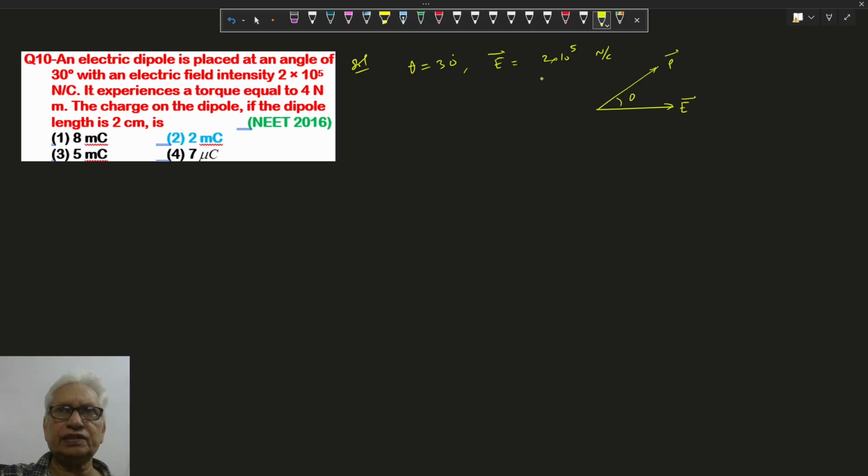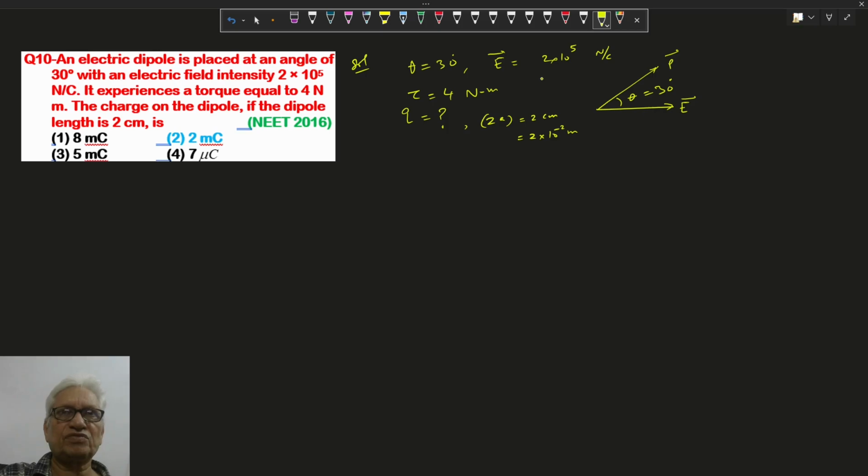The angle between them is 30 degrees. Now the torque is 4 newton meter, and we have to find the charge Q, and the gap between the two charges, meaning distance, is 2A, equal to, let us say, 2 centimeter or 2 into 10 to the power minus 2 meter.